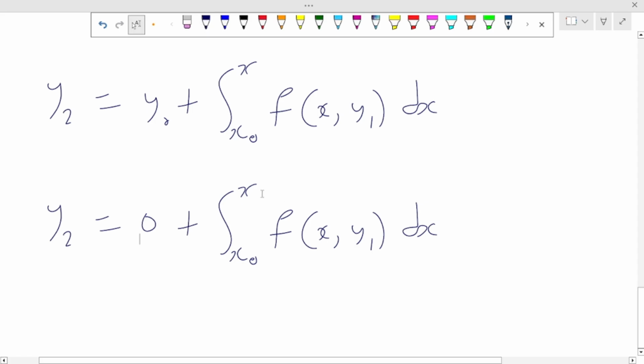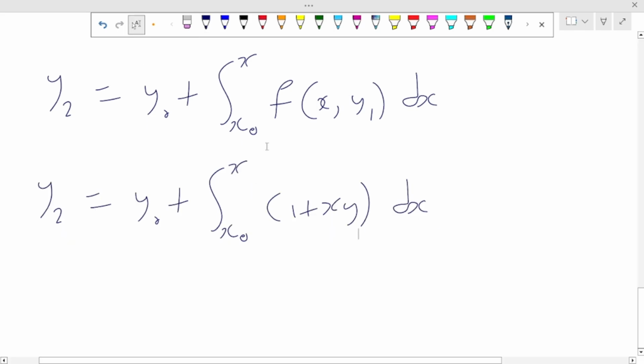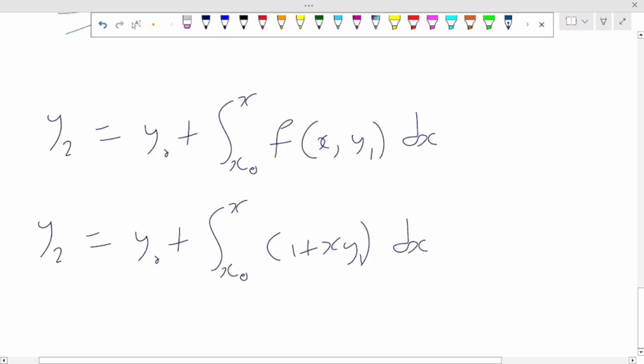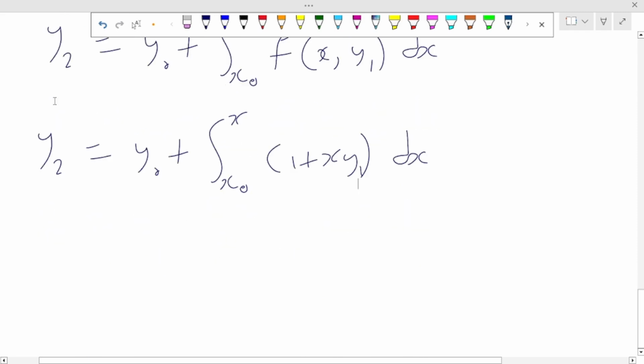Then our differential equation, of course, is 1 plus xy. We've already seen that this y1 is x. So that means we are going to have x there. Instead of y, we are going to have x here.